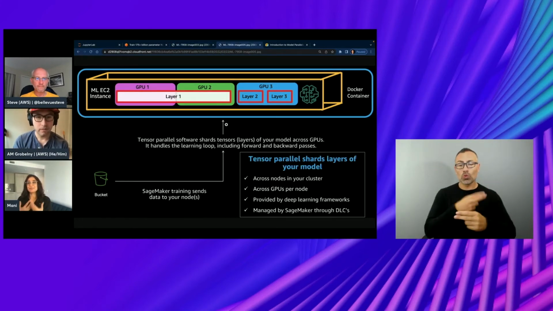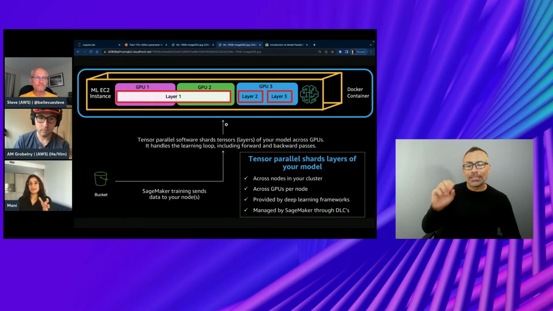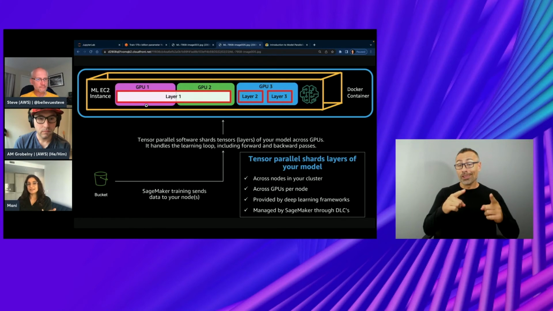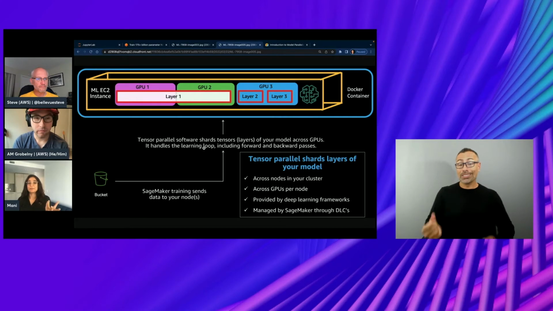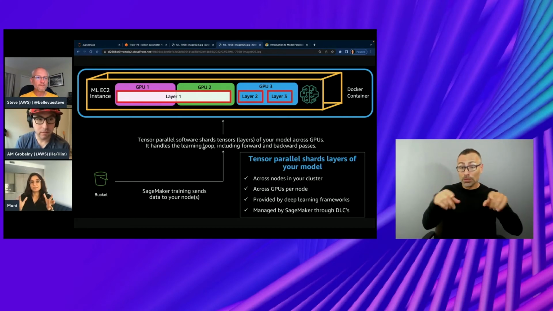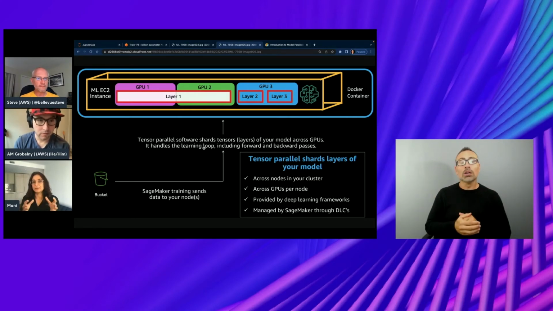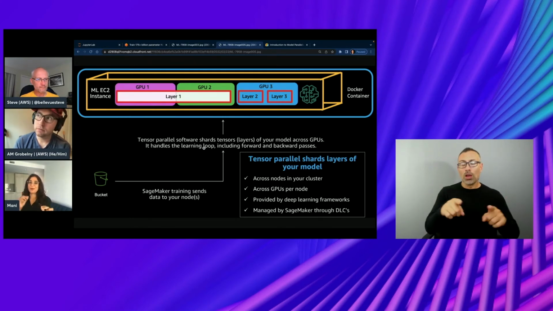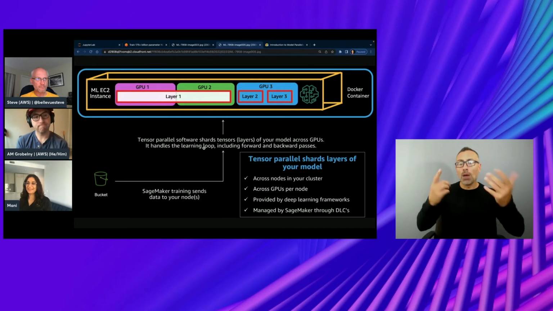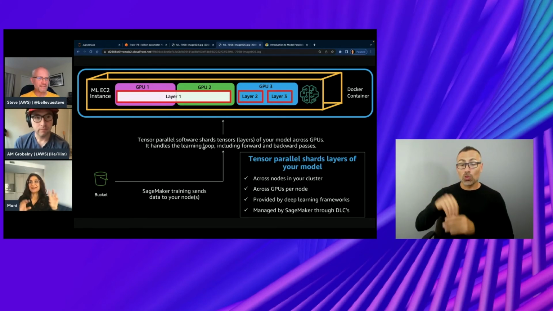If your layer is so big that it cannot fit into a single GPU, then you can use tensor parallel degree to split the layer itself across multiple GPUs. And just a quick pro tip: the tensor parallel degree that you set should not be greater than the number of GPUs on one instance.